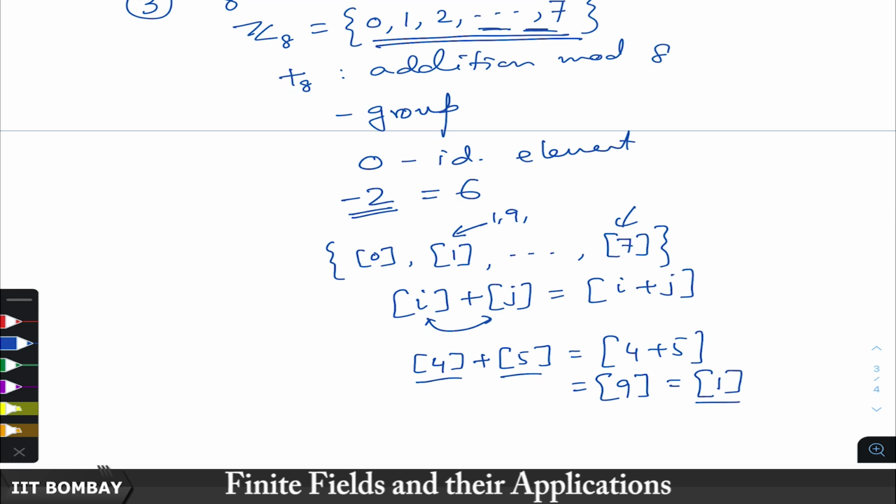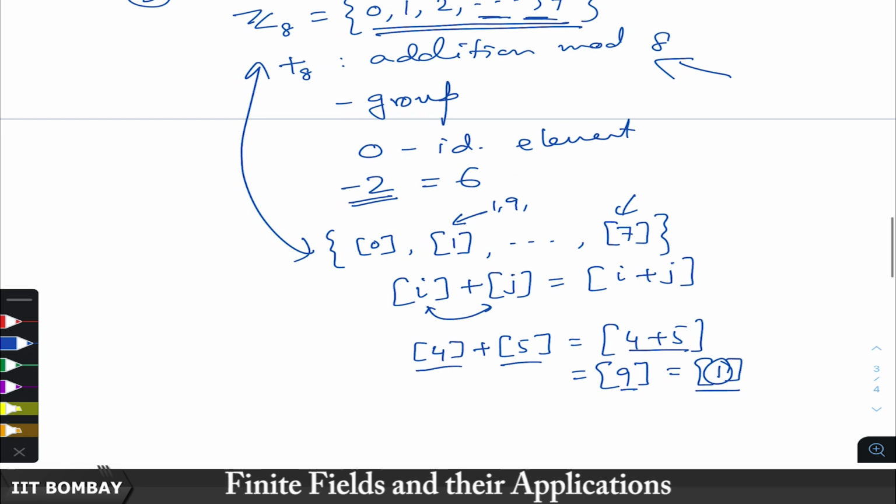So, this is the operation, 4 plus 5 is 1. Okay. So, this is clearly the same thing as above here, because what is happening is you are adding to get 9 and then you are dividing by 8 and taking the residue, remainder 1. So, these two are basically the same groups, but just defined in slightly different ways.